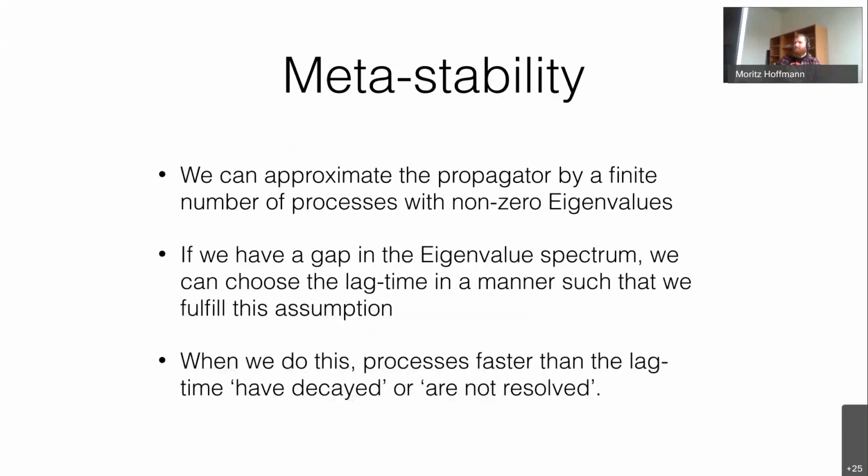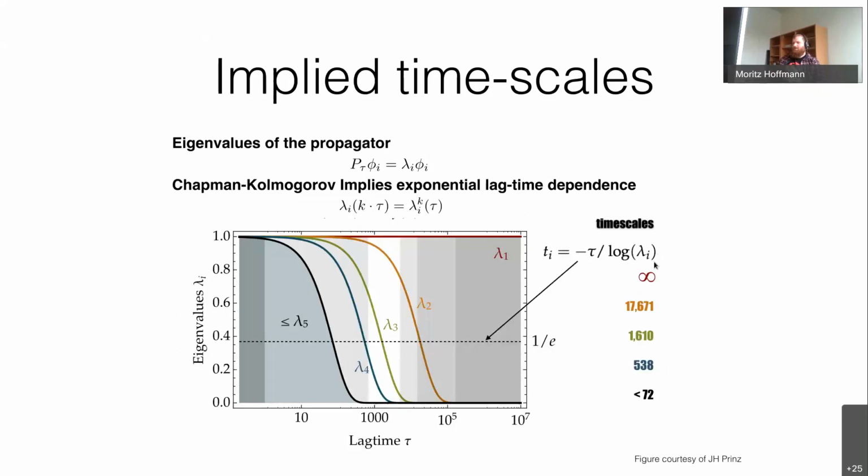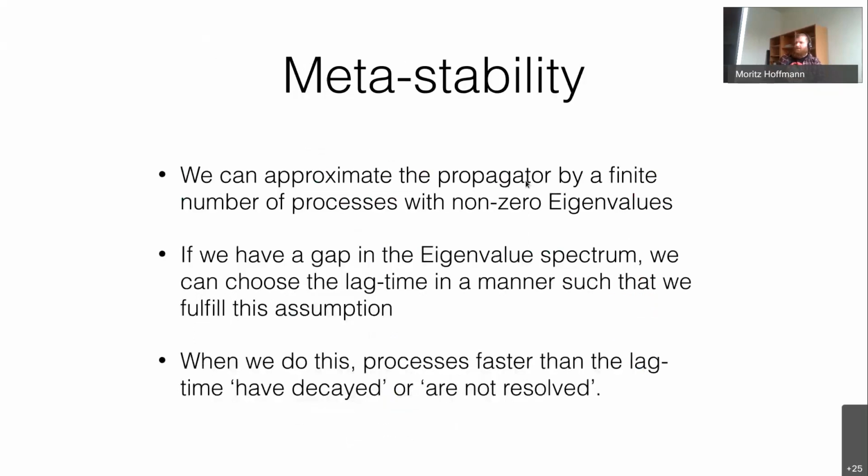Okay, so these processes, as I said, belong to the lambda i, so these lambda i phi i actually, and we approximate our propagator, which is a linear operator, with these processes, right, with these lambda i's and phi i's. And what this gives us is actually a spectral decomposition. And then we can look at a gap in the spectrum.